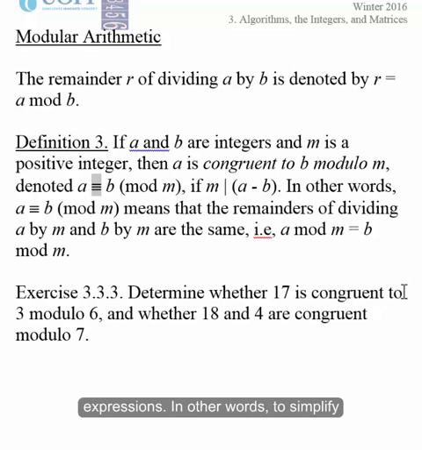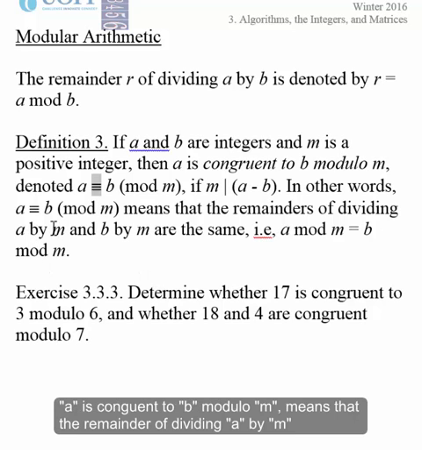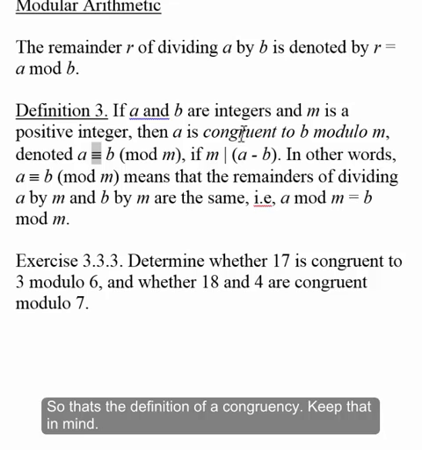In other words, to simplify things and without loss of generality, we can say that a is congruent to b modulo m means that the remainders of dividing a by m and b by m are the same. So that's the definition of a congruency. Keep that in mind.